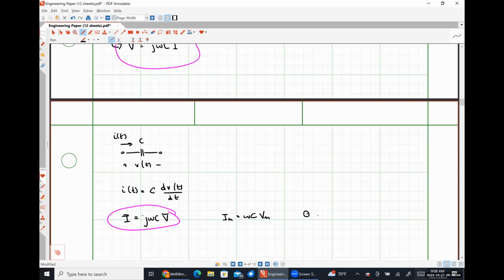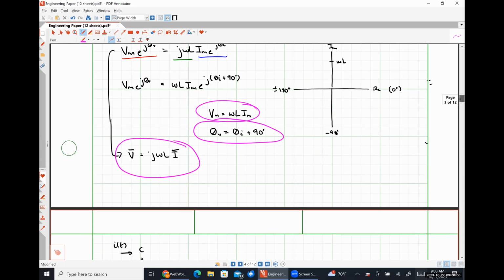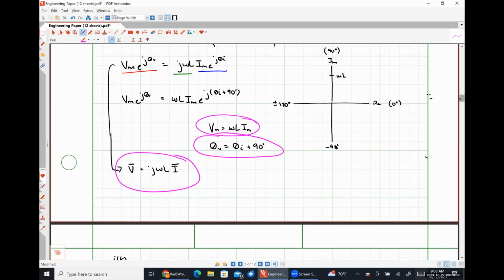And then we will have theta i equal to theta v plus 90 degrees, which is our phase angle relationship. And once again, I got these three relationships literally by looking at the three inductor relationships and swapping everywhere I have a voltage thing with a current and vice versa. Okay.